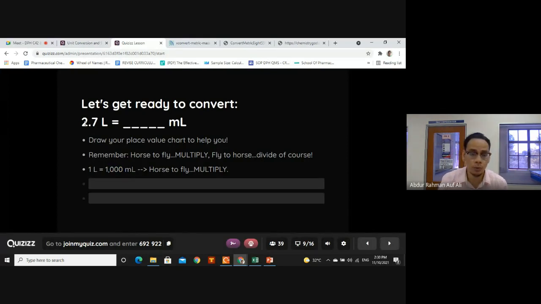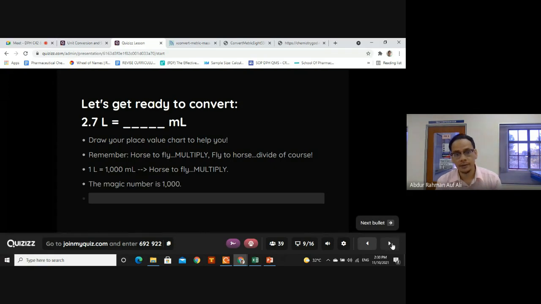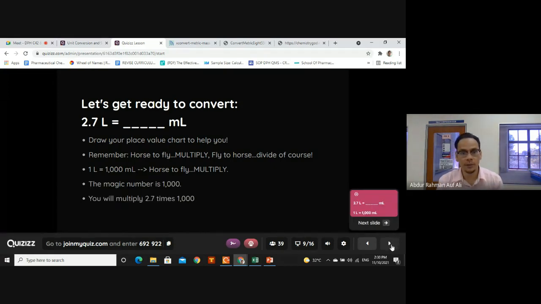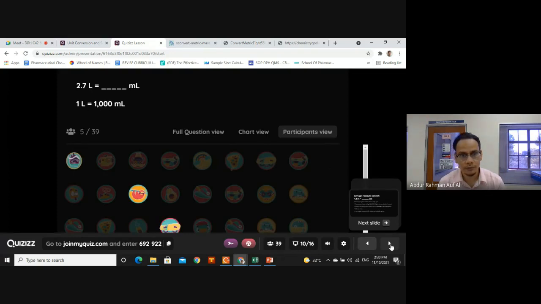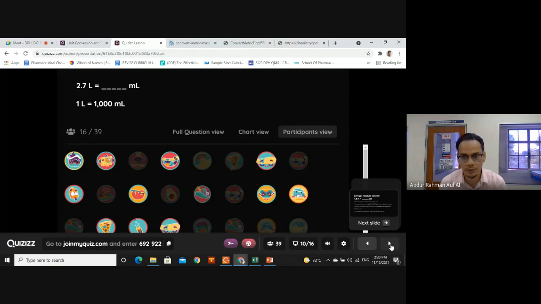So dekat sini kita ada 2.7 liter. So what is the value in milliliter? Dia dah bagi jalan kerja kat situ. You just multiply by 1000. So 2.7, you just multiply by 1000, you will get the answer.